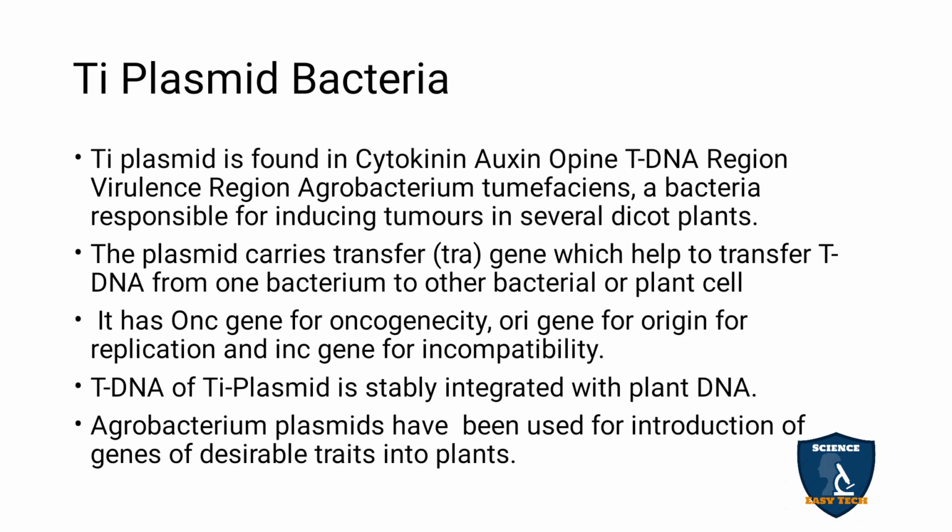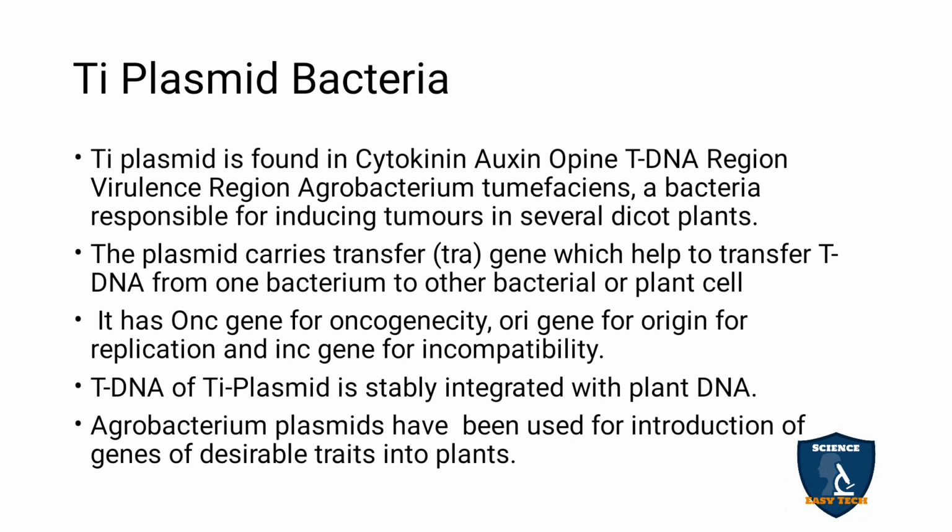So if they ask about the Ti plasmid, it has cytokinin, auxin and opine T-DNA region and the virulence region, and this Ti plasmid was taken from Agrobacterium tumefaciens, a bacterium which causes tumor disease in some plants.